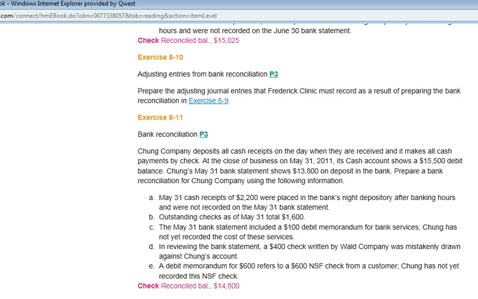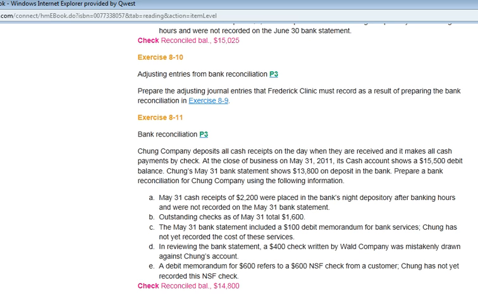Now, our homework to support the bank reconciliation process and to test your knowledge would be exercise 8-11. This has a bank reconciliation exercise for the Chung Company.